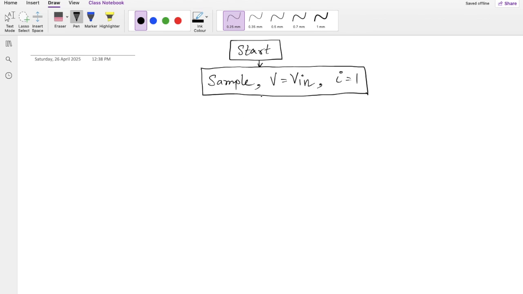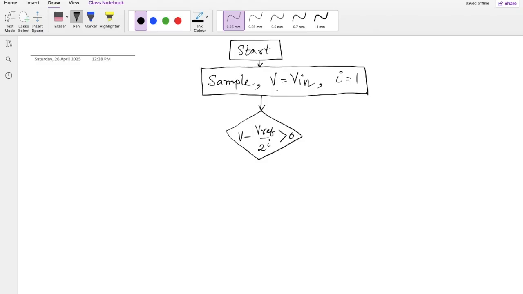So the next thing that we are going to do is a very basic comparison. First we'll check whether V minus Vref by 2^i is greater than 0 or not, or whether minus Vx plus Vref by 2^i is greater than 0 or not, the same thing.